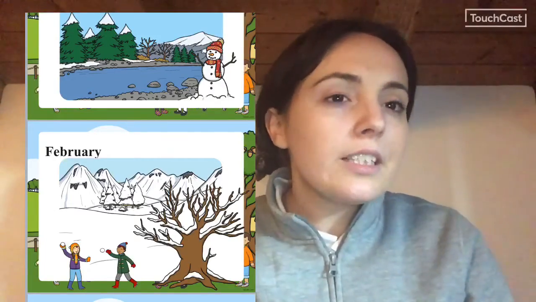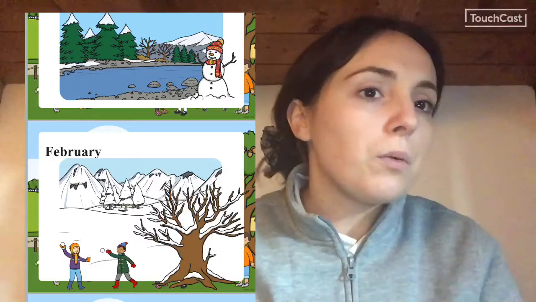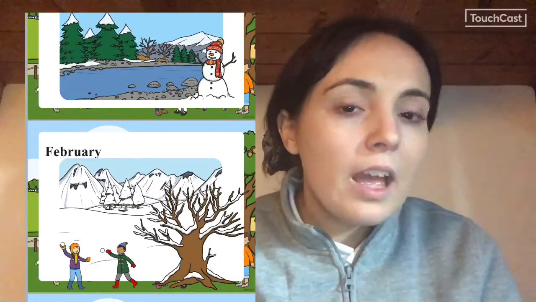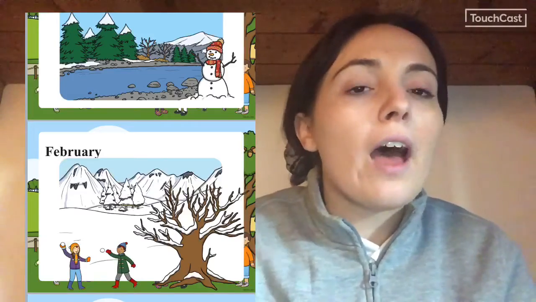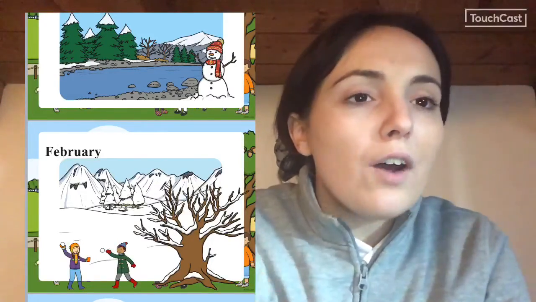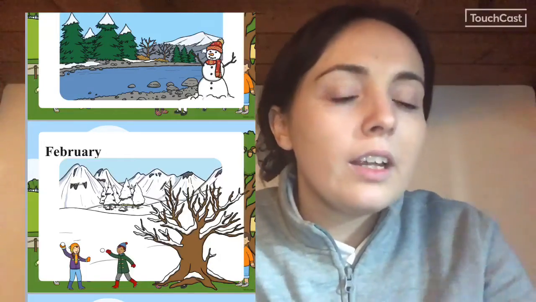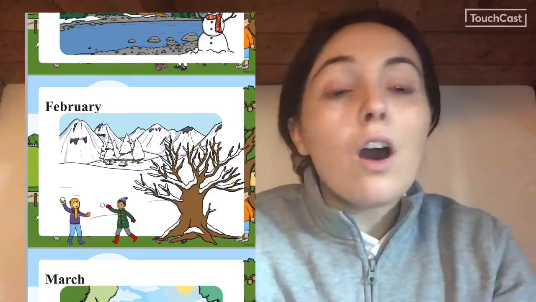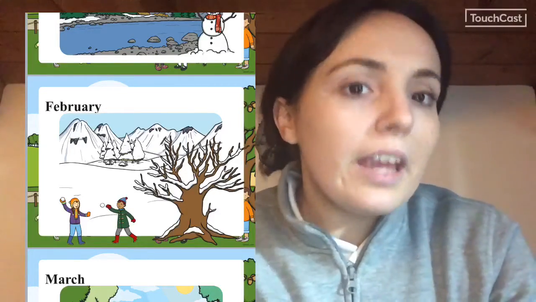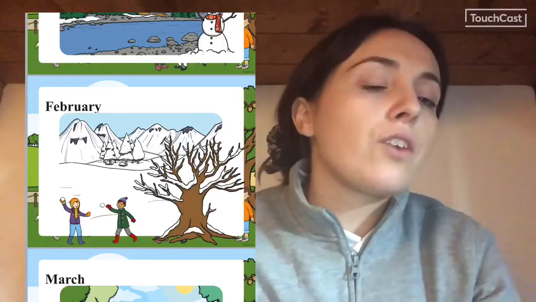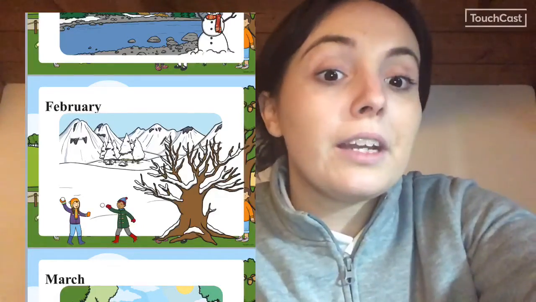Because in winter we often see snow, which we won't see in the other seasons of the year. And people wear their hats, their scarves, their jackets because it is often very, very cold. And if we have a look at the trees, there are no leaves on them. So in winter, the trees lose their leaves, which grow back again in spring.